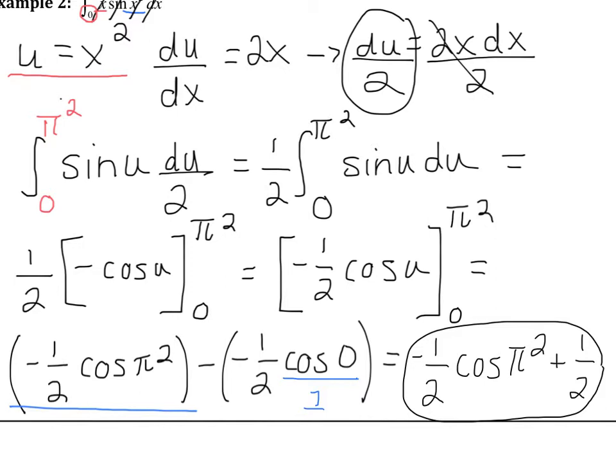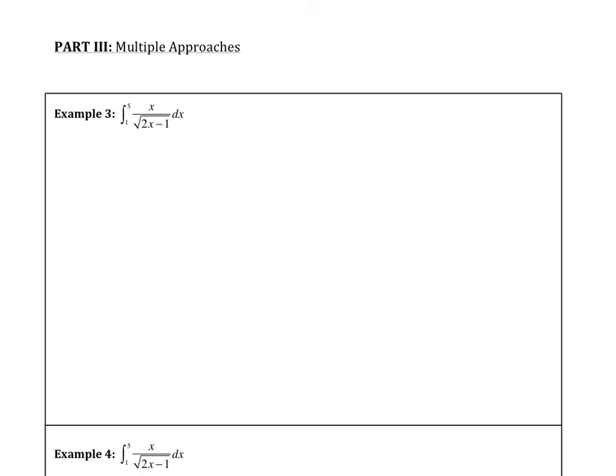Okay, next page. In this part, I want to show you that there are actually multiple ways that you could choose u in a couple different scenarios, and it'll all still work out okay. You'll notice in example 3 that I don't see that function derivative pattern that I would be hoping for.